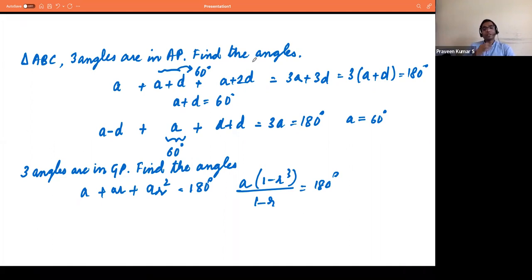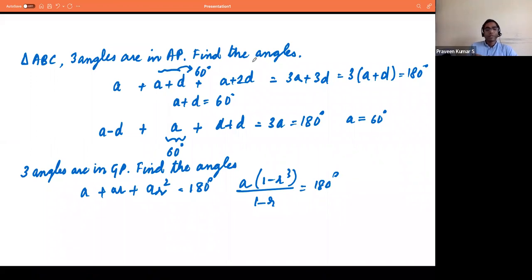What is the ratio of the sides? You can try this at home. In case you have a doubt, you can mention it to me and we'll discuss it in the next class.